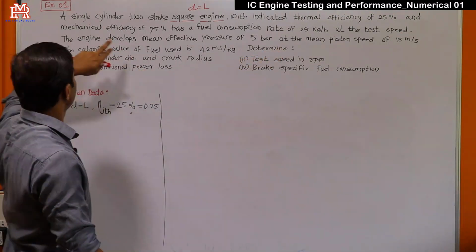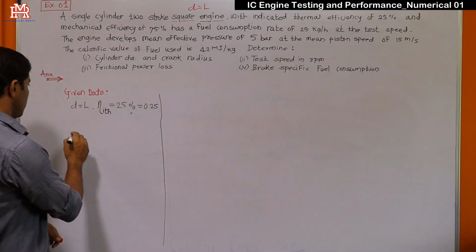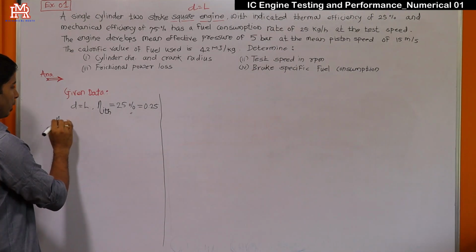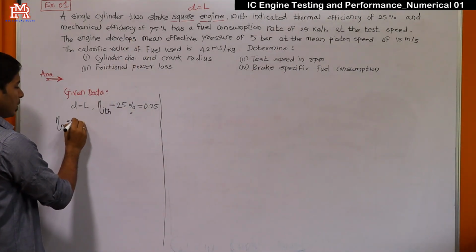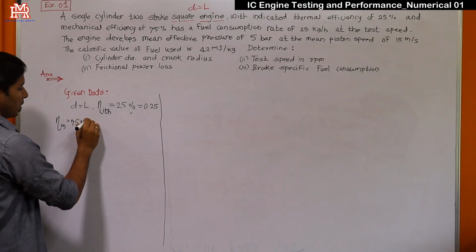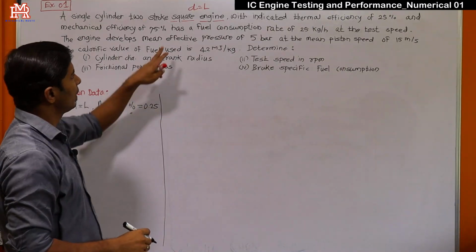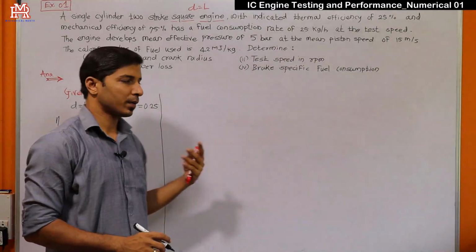Then mechanical efficiency of 75%. For mechanical efficiency we use eta M, which is equal to 75%, that is 0.75.